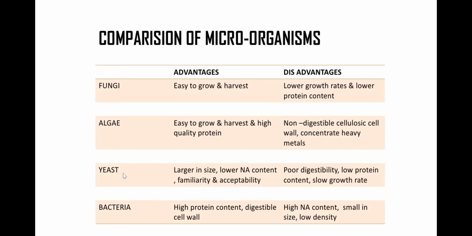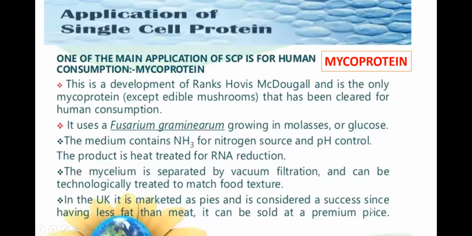So for bacterium, as you can see, one of the major concerns is the high nucleic acid content that will cause toxicity or allergic reactions upon consumption. Yeah, okay. So take some time to digest that.